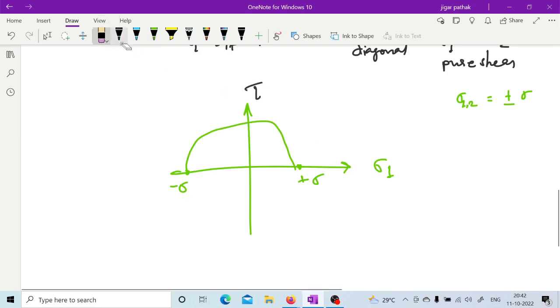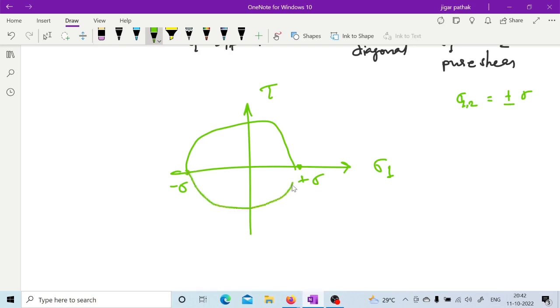So here this will be your Mohr circle. This is the condition of pure shear, where the normal stress is sigma and this is tau in your Mohr circle. The normal stresses are the same in magnitude, only different in nature, tensile and compressive, which will give you pure shear.